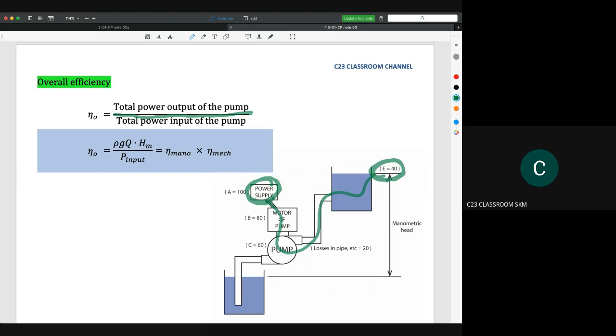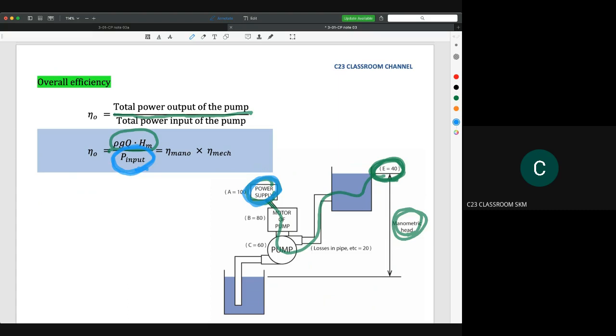This is the output, meaning the manometric head, so that's why we are using rho g Q H_m. And this is the input, meaning the real input power of the pump. So we just write rho g Q H_m, the power at the output, divided by the power input.